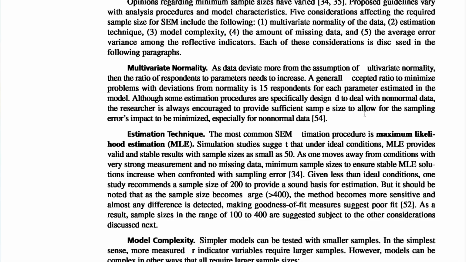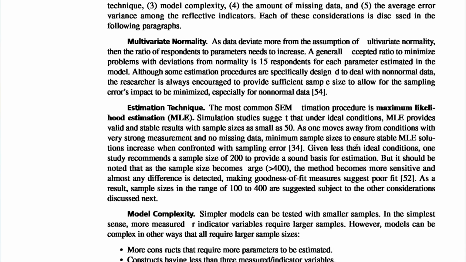A general guideline to minimize problems with deviation from normality is 15 respondents for each parameter estimated in the model, although some estimation procedures are specifically designed to deal with non-normal data. The researcher is always encouraged to provide sufficient sample size to allow the sampling error impact to be minimized, especially for non-normal data.